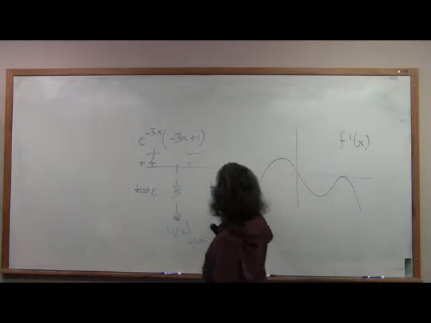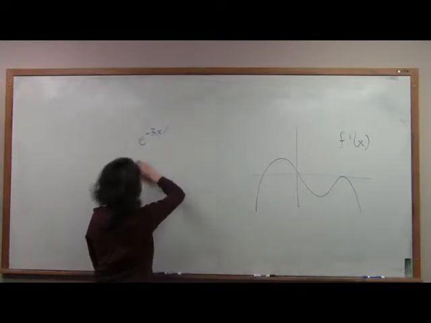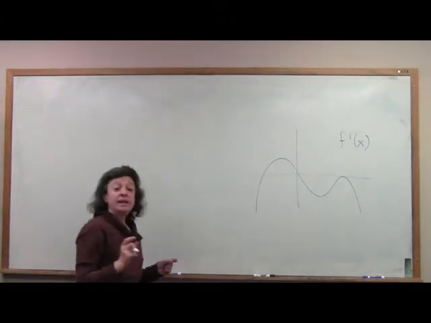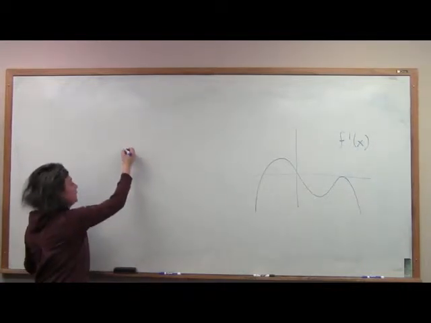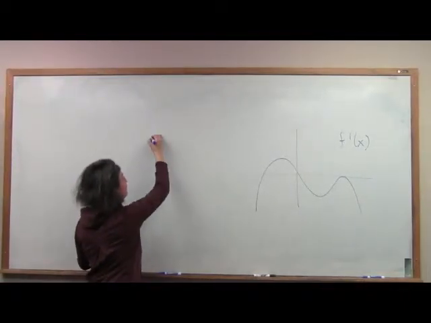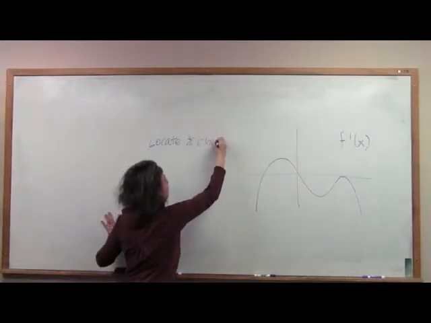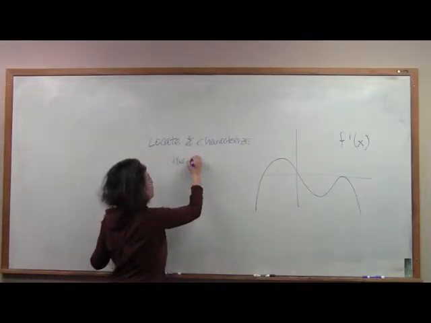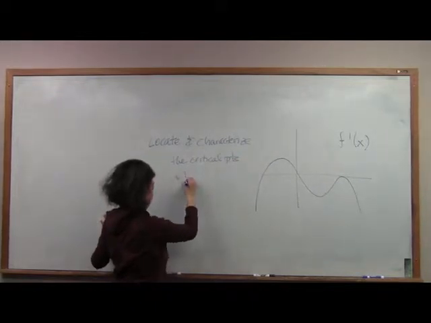So what I'm showing you right now is the graph of the derivative of some function f of x. So here's what I want us to do. What I want us to do is, on this graph, locate and characterize the critical points of my original function.